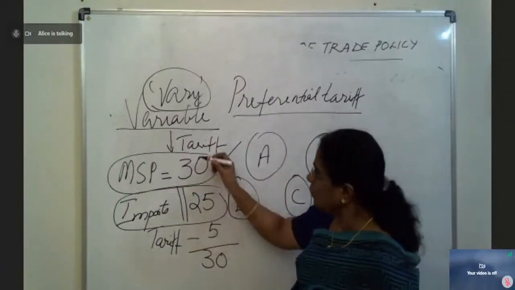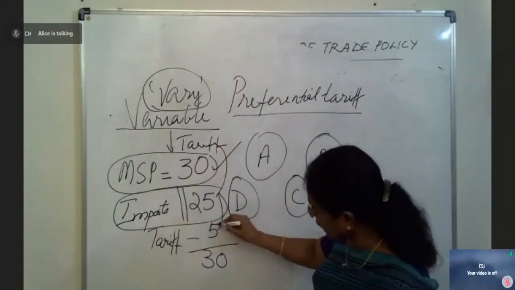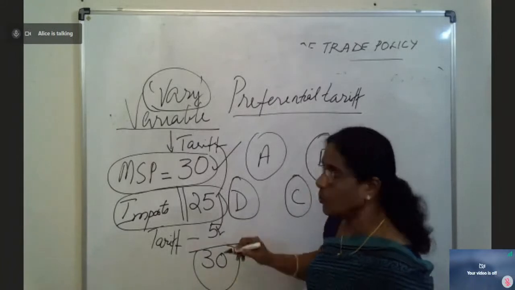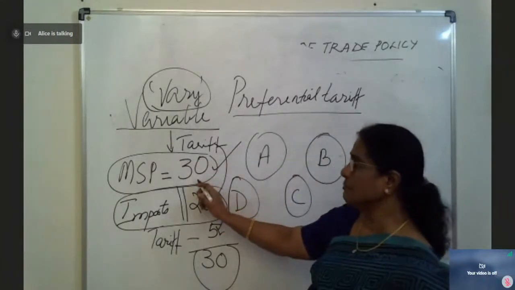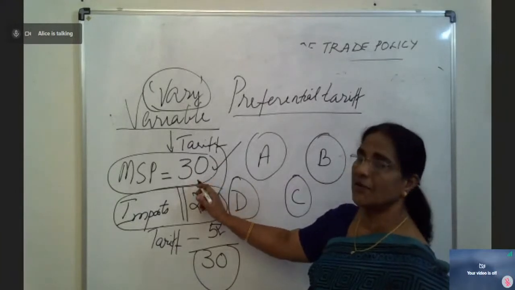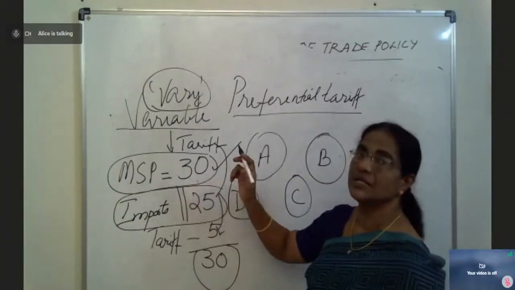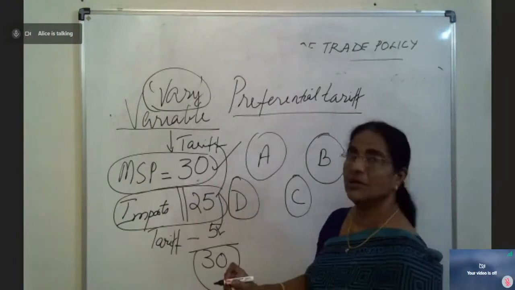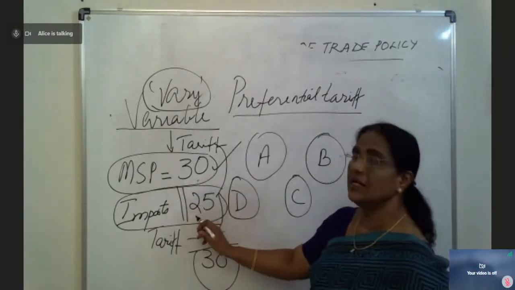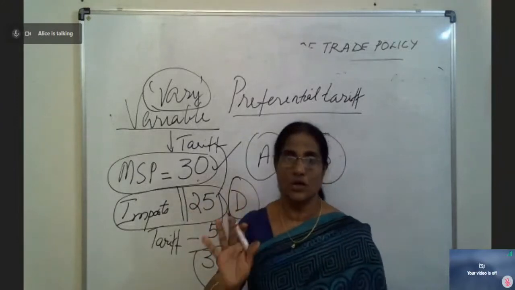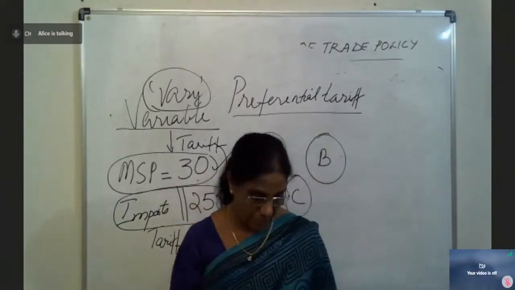And so, put the tariff of 5 rupees and make it equal to the minimum support price. Because at minimum support price, an Indian farmer can sell wheat at 30 rupees. Now the American wheat will not compete with Indian wheat and create a problem, because both are equally priced.